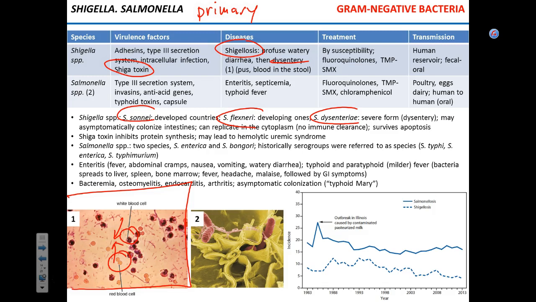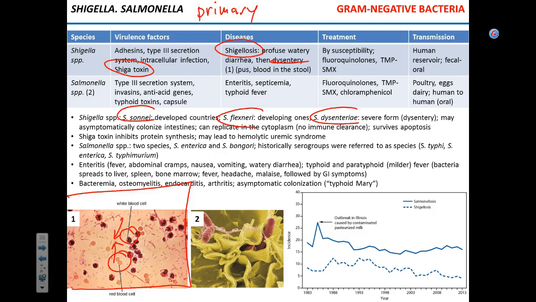The main problem associated with Shigella is so-called hemolytic uremic syndrome, the one that we mentioned on Monday when we talked about enterohemorrhagic E. coli. And that relationship between enterohemorrhagic E. coli and Shigella shows how easily genes can be transferred even between different species of microorganisms.